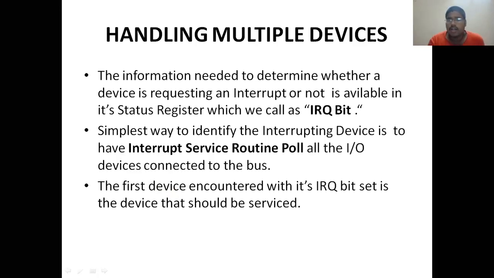So our processor will start from the first device and go on checking the devices one by one. Whenever 2 to 3 devices have interrupts, whichever device is identified first is going to be processed first. That is the concept.